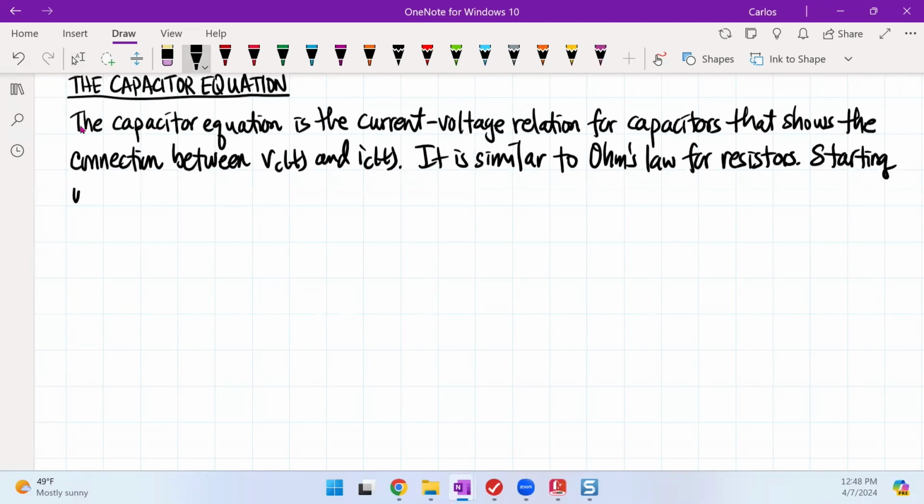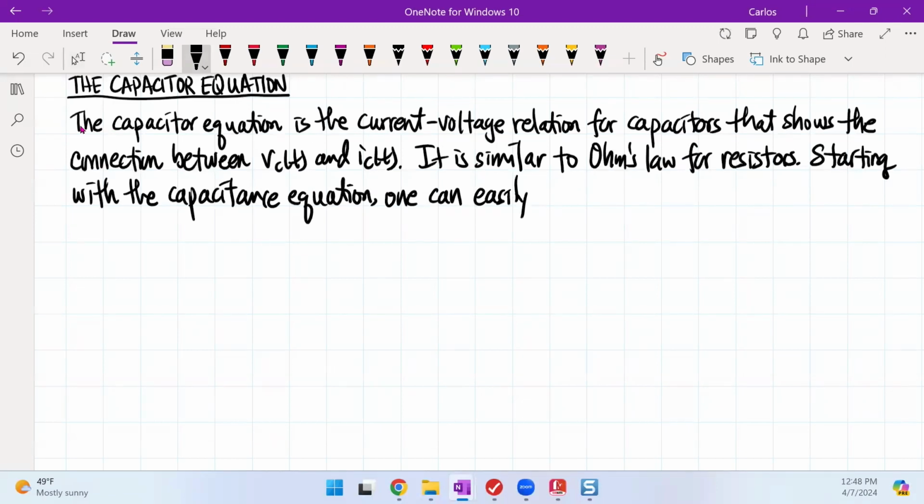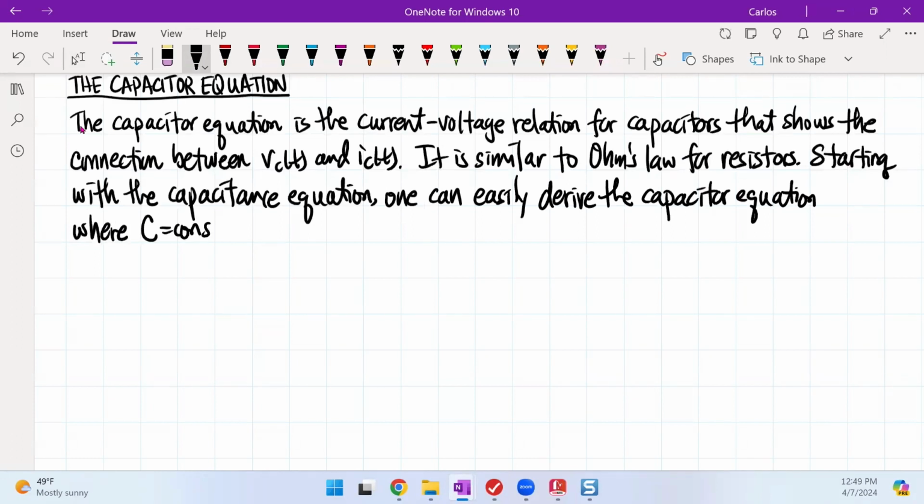Starting with the capacitance equation, one can easily derive the capacitor equation, where capacitance is assumed to be a constant.